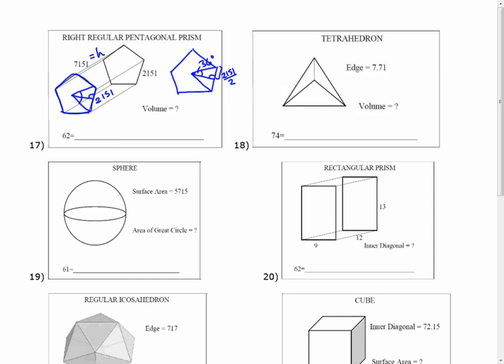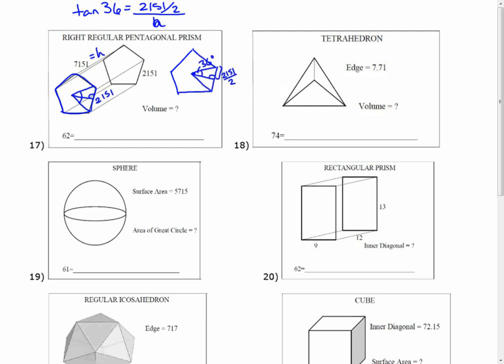So I can use trigonometry, I can use SOHCAHTOA to find the height of that triangle, and then I can find the area of it. So if I look at the SOHCAHTOA of it, I'm going to have the opposite and adjacent. So I'm going to have the tangent of 36 equal to the opposite side, 2151 over 2, divided by the height, which is the adjacent in this, but it's going to be the height of our triangle.